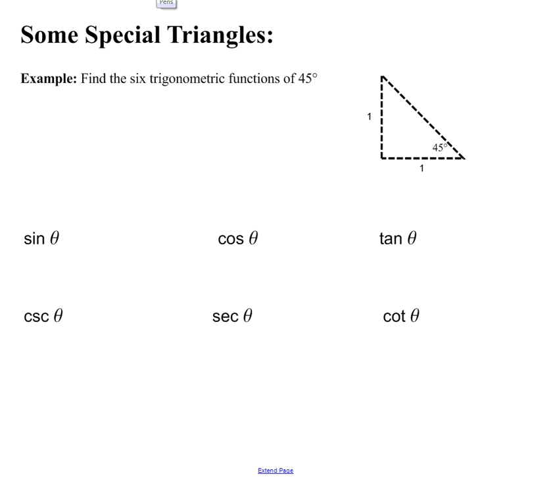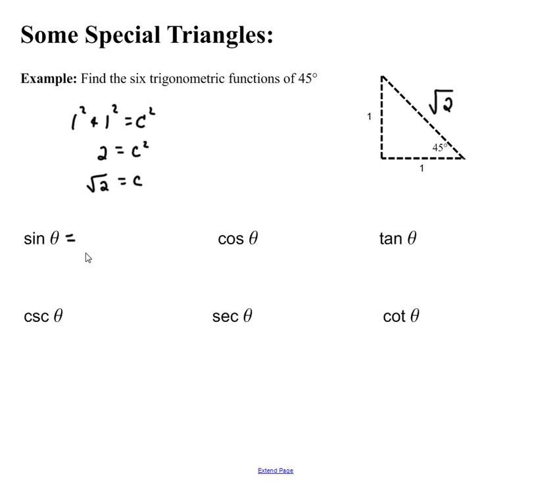Well, dealing with our Pythagorean theorem, we take the square of one leg plus the square of the other equal the square of our hypotenuse, which is to say 1 plus 1 is equal to 2. And so our hypotenuse is the square root of 2. So how do we use that?